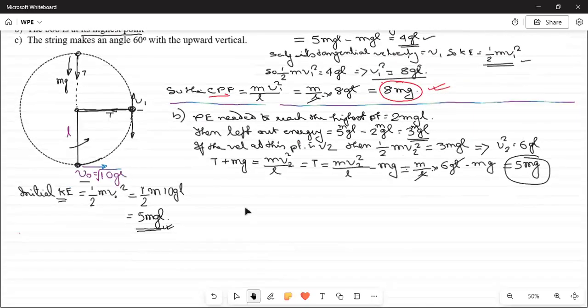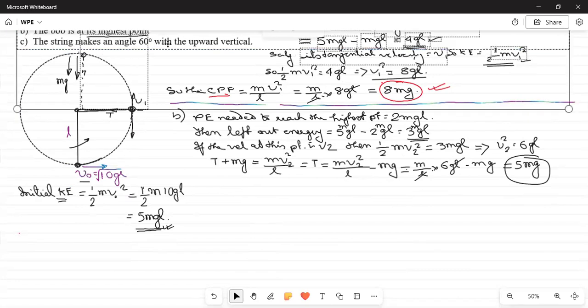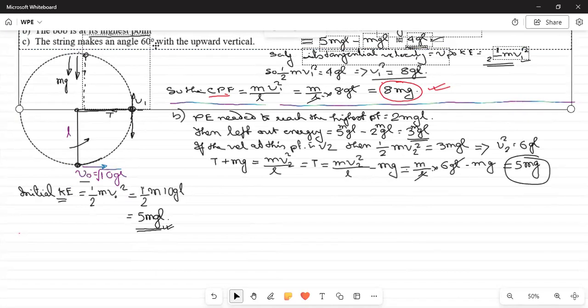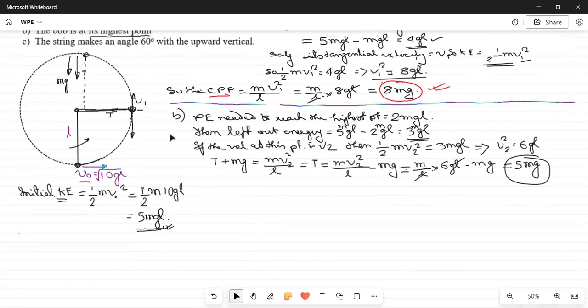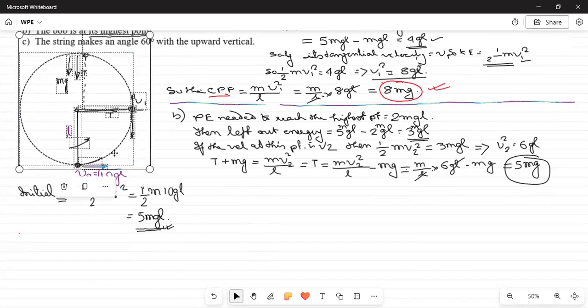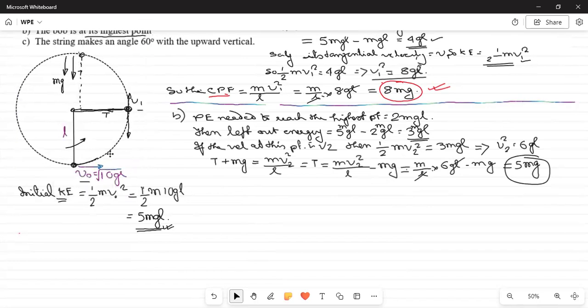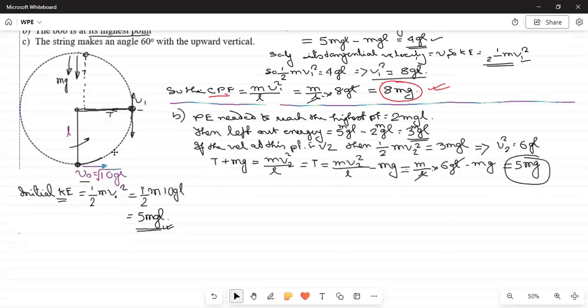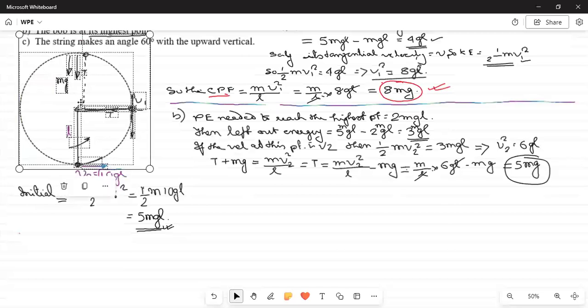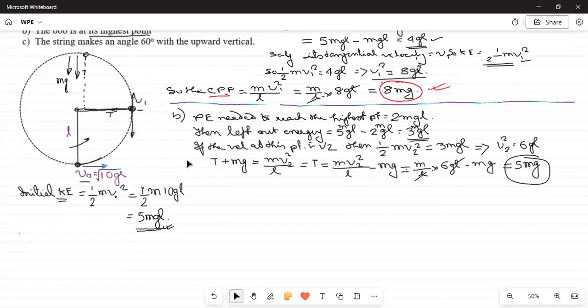now this is fine. Third part of the question is, when the string is at 60-degree angle, right? That means this is the third part of the question where the string is at 60-degree angle. A little shifted. Anyway, let's not distort this, then it will be very cumbersome.